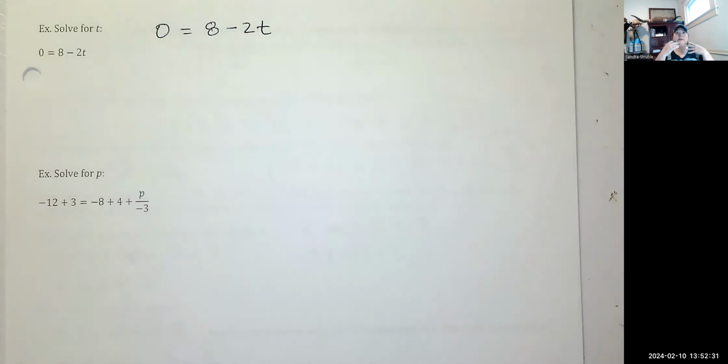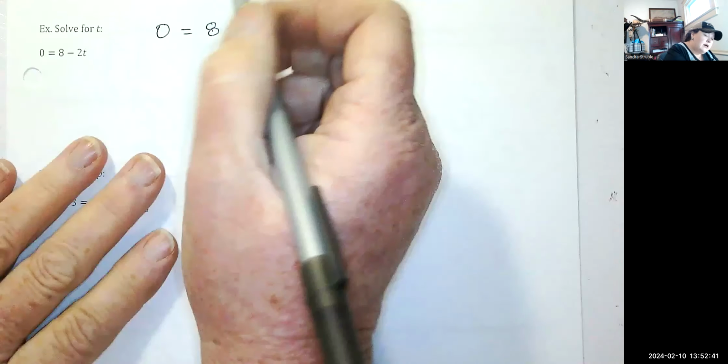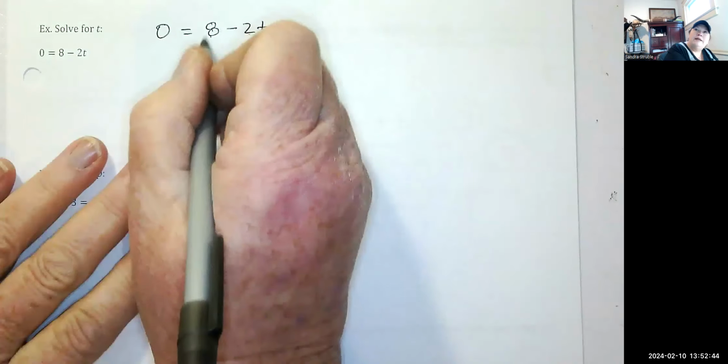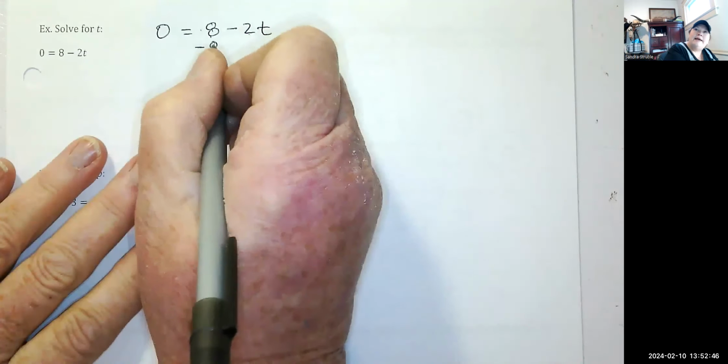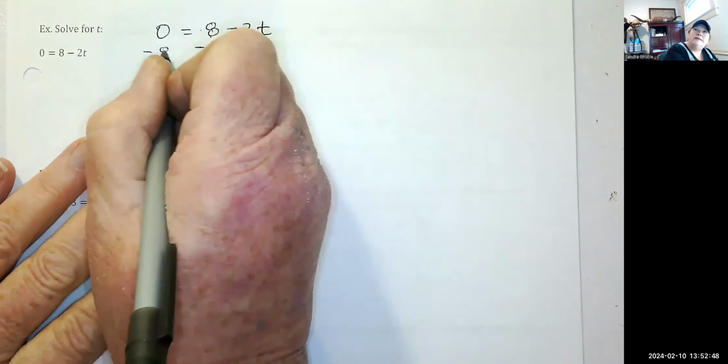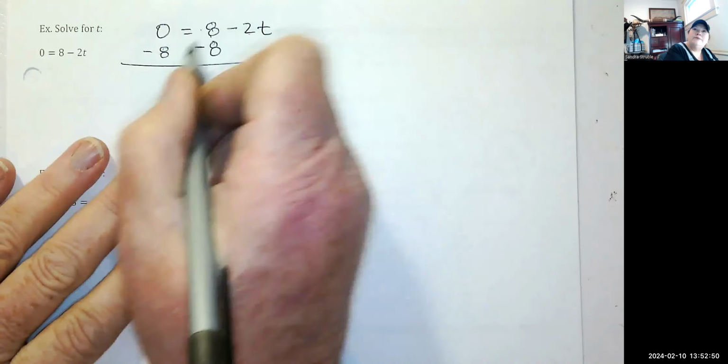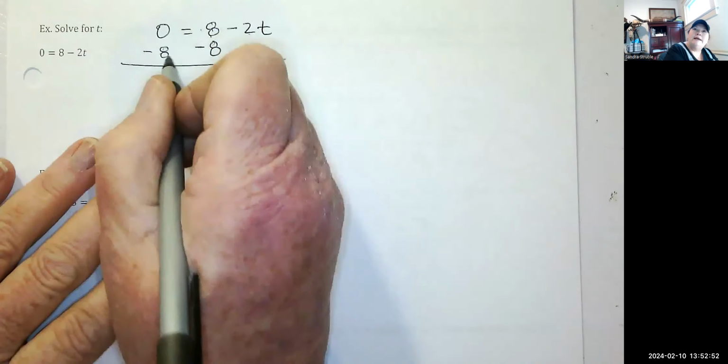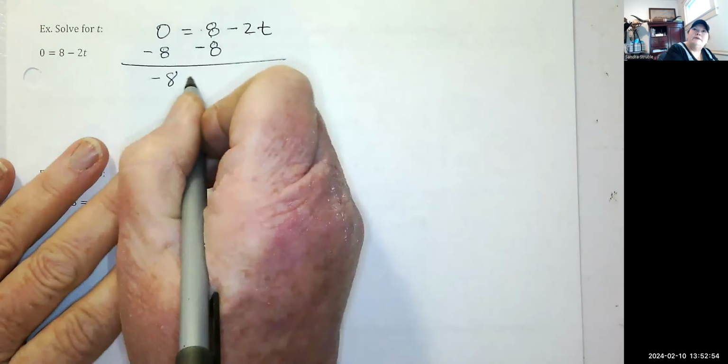So I need to see what steps, and if we want to do the undo and do process, I like that. I'm going to keep asking who's attached to x and how, or t and how. 8's furthest, and it's positive, so I have to subtract 8 from both sides first. And I'm left with 0 minus 8 is negative 8.